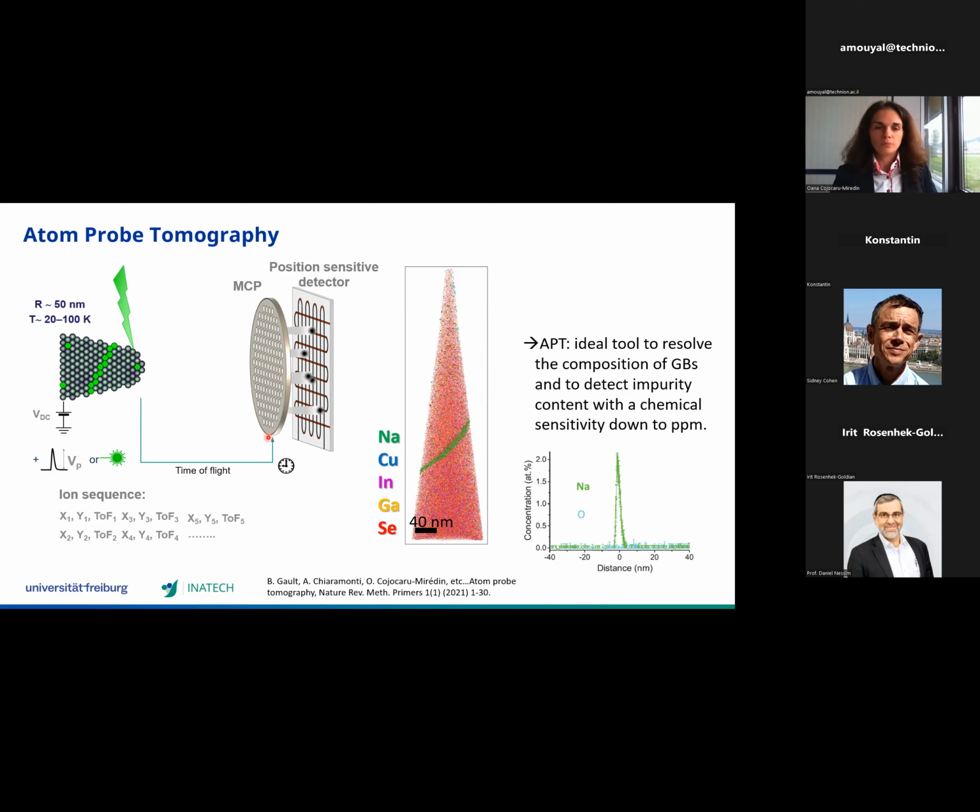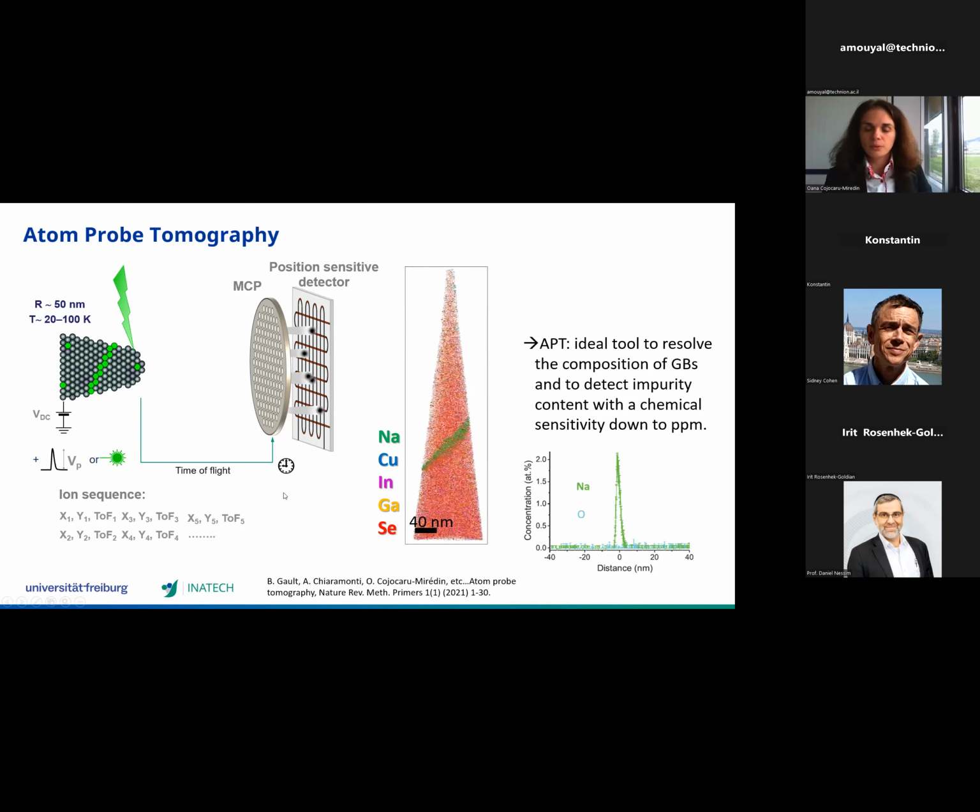Because there is a mass spectrometer, from the time of flight, we can determine the chemical identity of each impact, and with the position on the detector, we can use this information to do, in the end, a 3D reconstruction. So this is what we get. I have to change to show you a map.